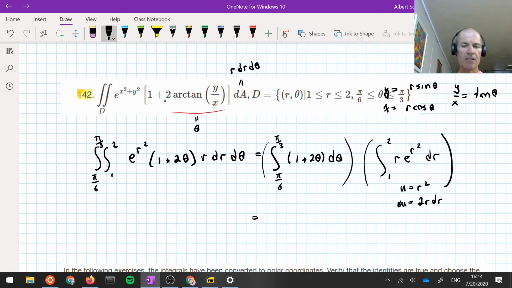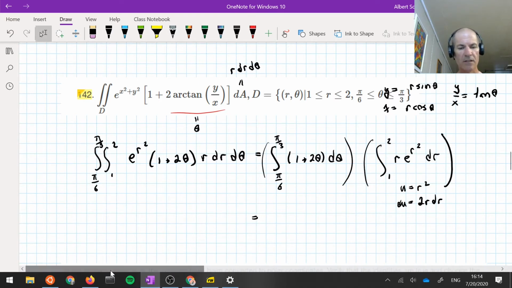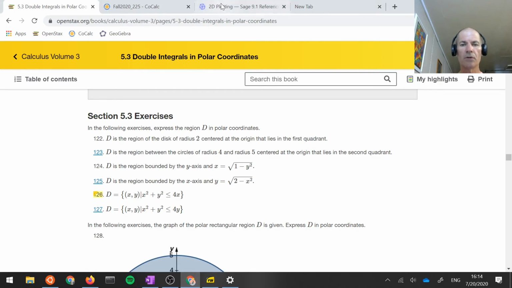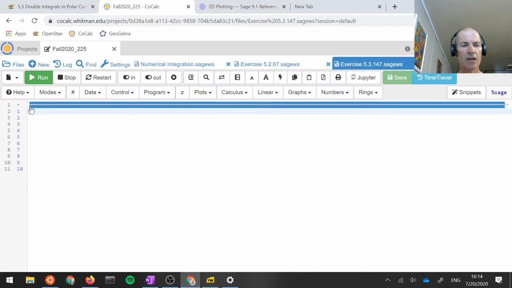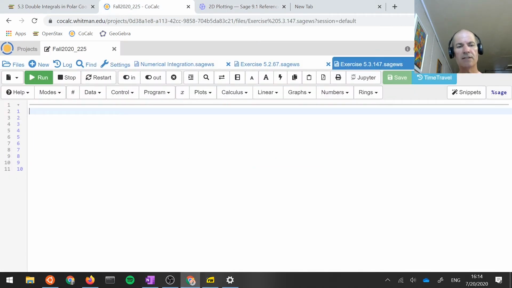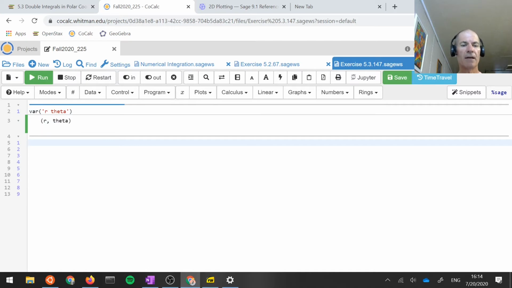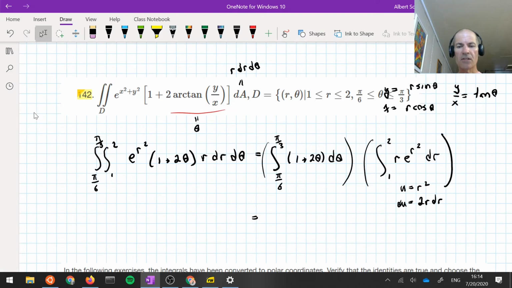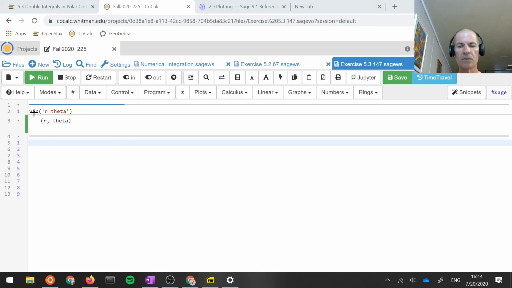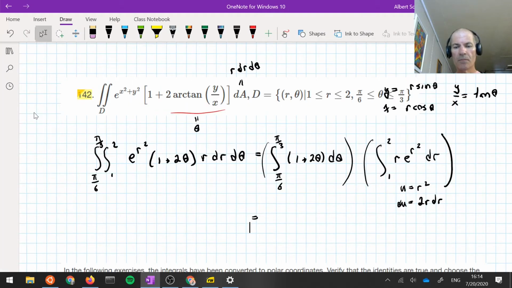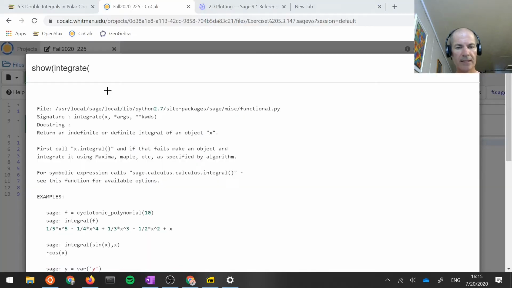Let's just jump over to Sage, and I wanted to walk you through how to do polar integrals over in Sage. The only real difference is you have to remember to declare r and theta up here with the variable command. After that, all of the functions are the same. Let's do this first integral.